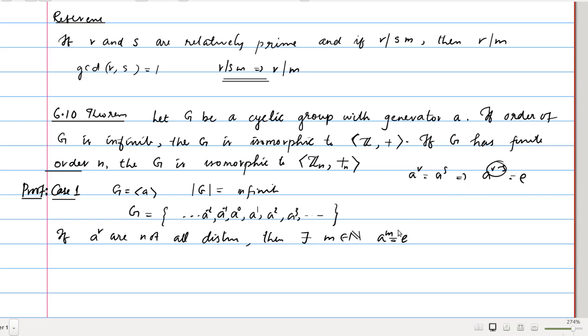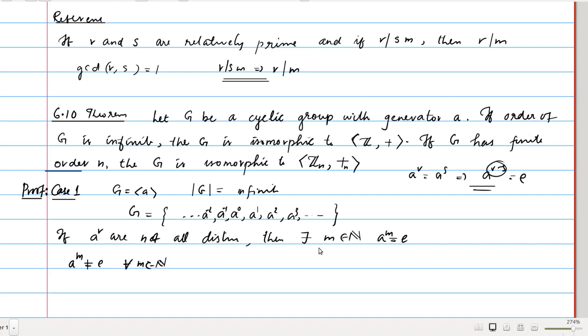So if the powers are not all distinct, we can get M, using this fact. That means if A raised to M is not equal to E for all positive integers M, what is the expectation?